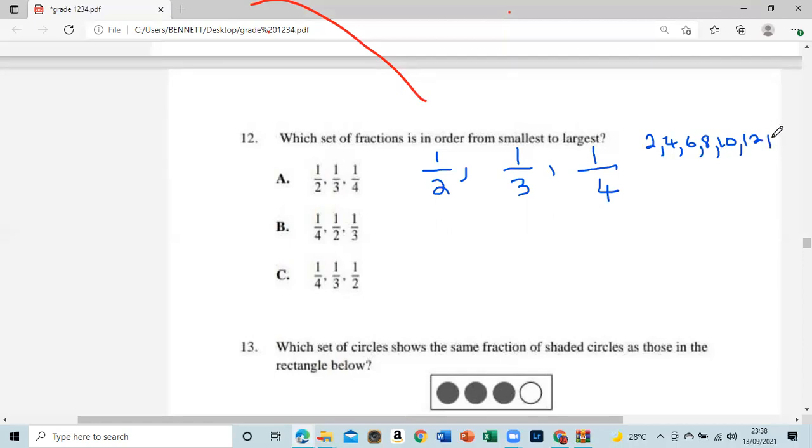Then we'll go by 3, so that'll be 3, 6. Each time we're adding 3, 9, 12. Let's see if we're going to get 12 in the next one. So 12 in this one. So 4, 8, 12. So the LCM will be 12.